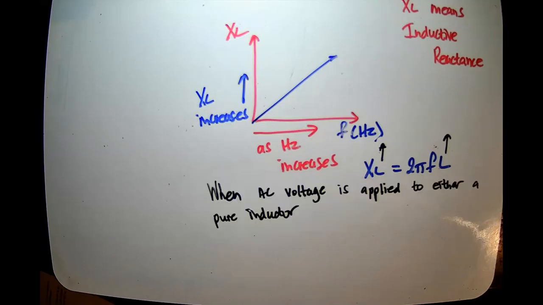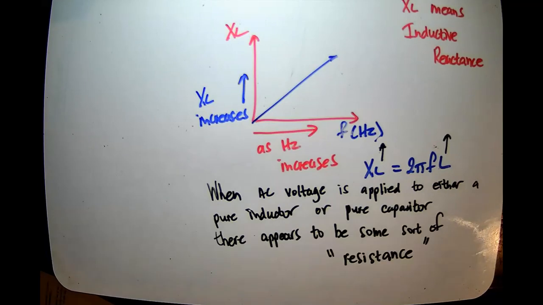When AC voltage is applied to either a pure inductor or a pure capacitor, there appears to be some sort of resistance. This resistance is called reactance, which is denoted by X. Okay, so when you see X, X is equal to XL minus XC, or X is equal to XC minus XL.